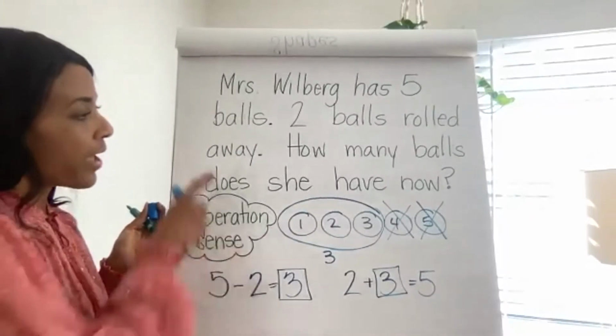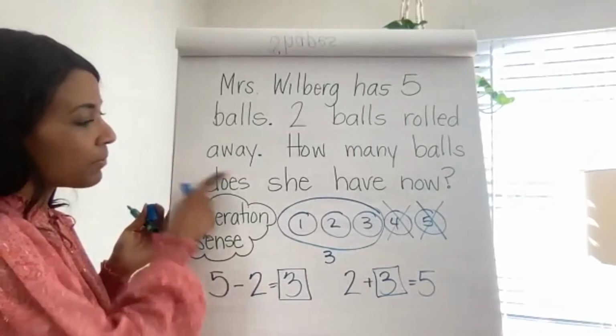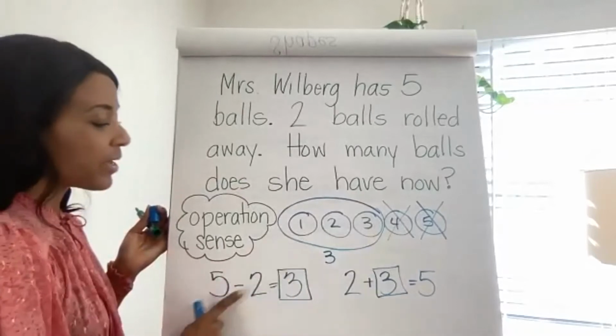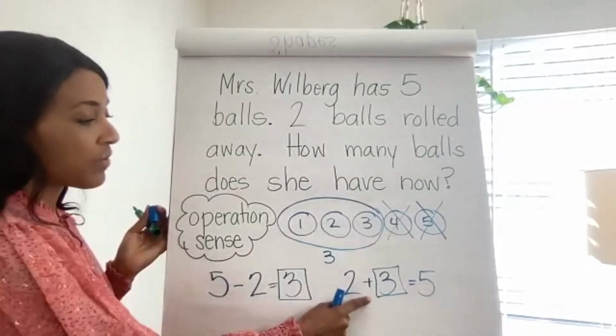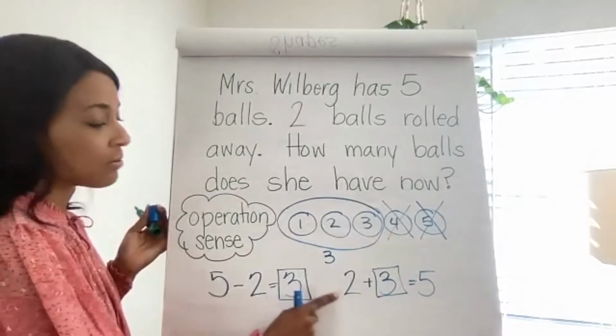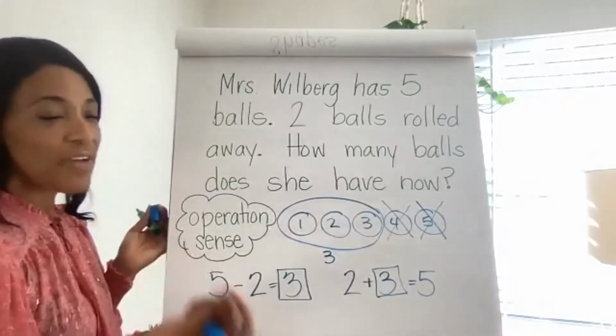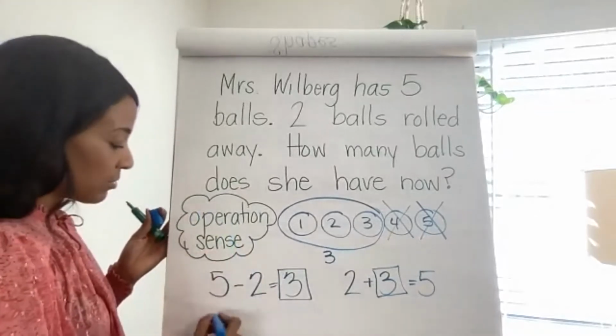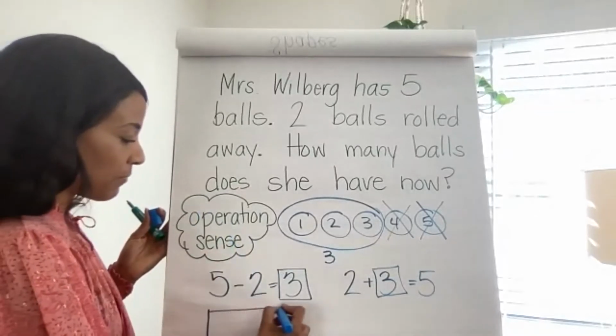So we've analyzed and comprehended the problem. We've created a model of the problem. We labeled the model, and now we have equations. We even have an alternative equation. And then I ask kids to verify. How will you verify? Some students might check it on a 10 frame.